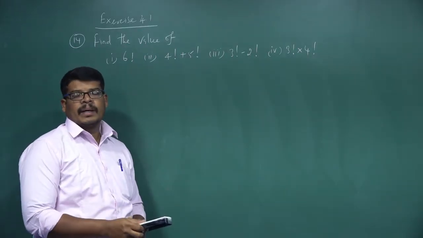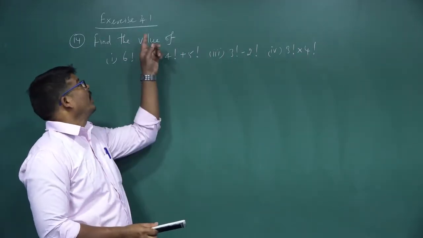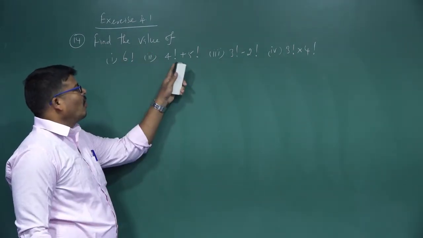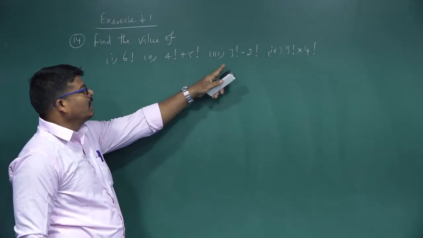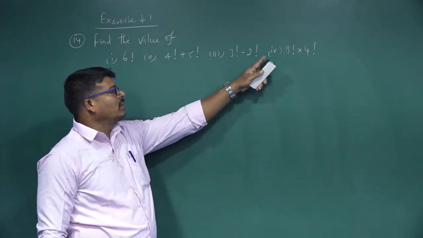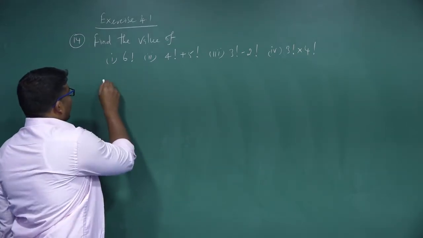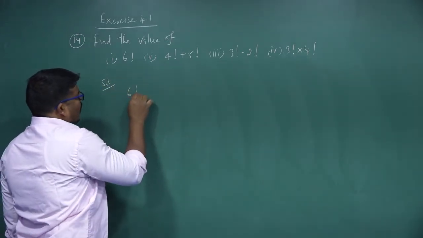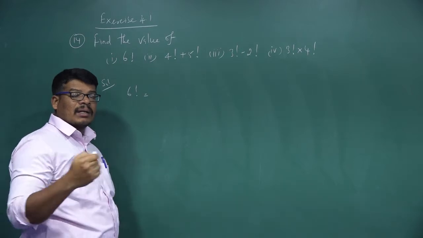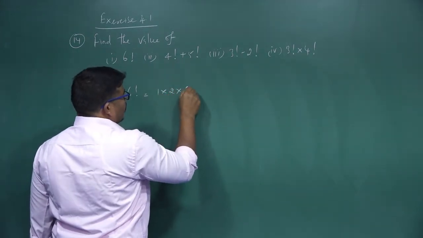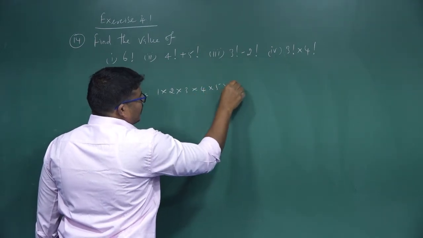Now let's discuss the exercise problem, exercise 4.1. Find the value of: first, 6 factorial; second, 4 factorial plus 5 factorial; third, 3 factorial minus 2 factorial; and fourth, 3 factorial into 4 factorial. First, 6 factorial is the product of 6 natural numbers: 1 into 2 into 3 into 4 into 5 into 6.